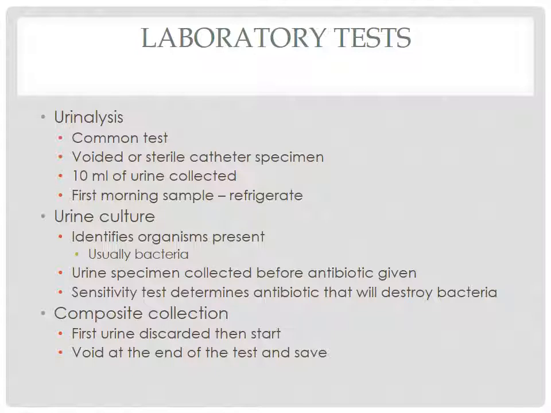Then the collection starts. Every urine after that needs to be saved. The specimen is kept on ice or refrigerated. At the end of the test, at 10 o'clock the next day, the person voids, and that amount is then saved.